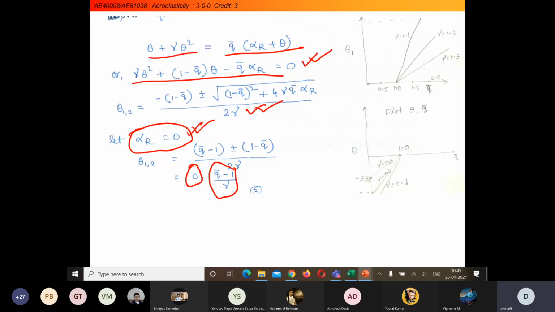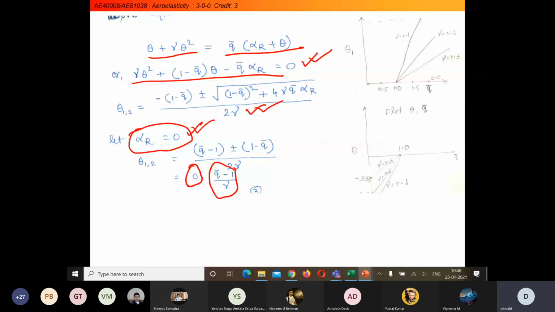So in this case, whatever I have shown, basically considers two nonlinearities, one separately with the aerodynamic nonlinearity, with the quadratic nonlinearity, and another with structural nonlinearity, considering only quadratic nonlinearity. In the aerodynamic theory, I have considered softening nonlinearity, whereas in the structural system, I have considered hardening nonlinearity.